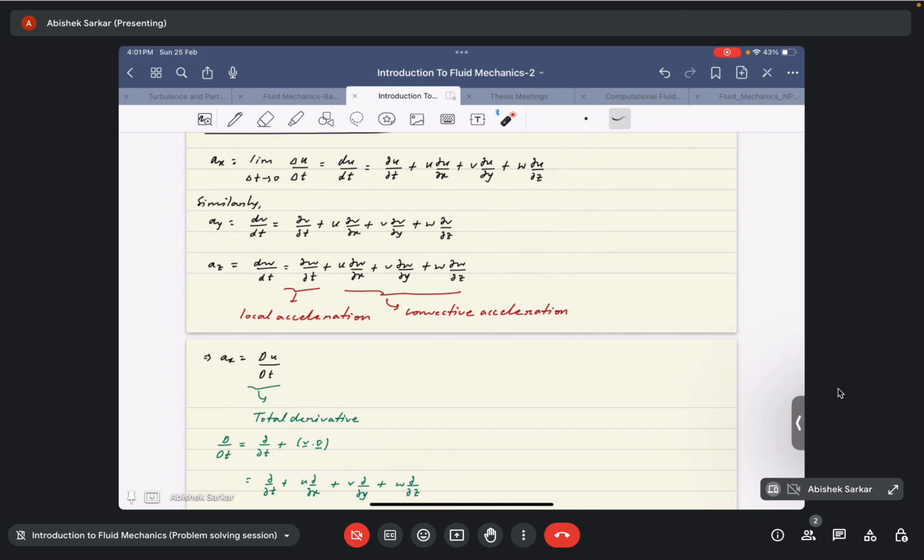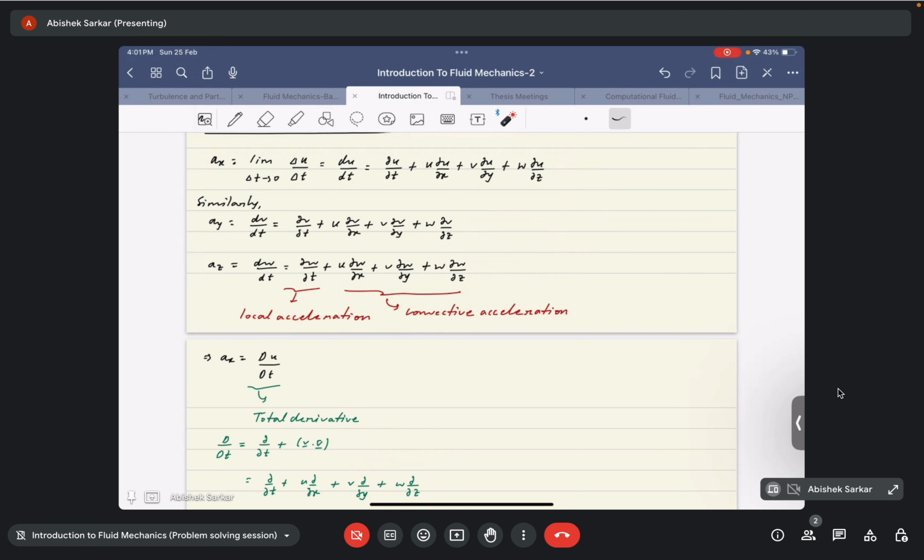I hope it will help you to recollect the formula. I'm emphasizing it again and again because I myself have gone through such things. If you remember the formula, you can at least get the expression of the acceleration correctly, even if the concept is not that strong. If you know the formulas properly, you can find the solution.